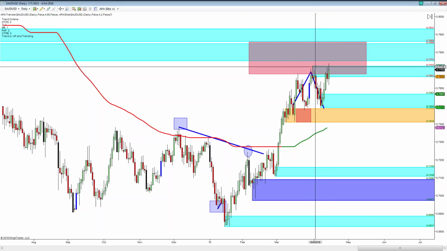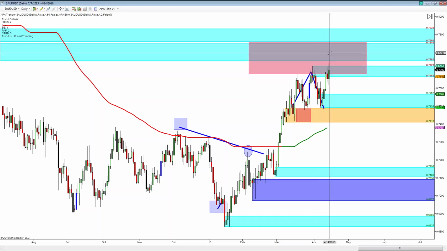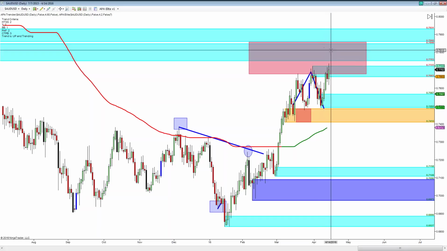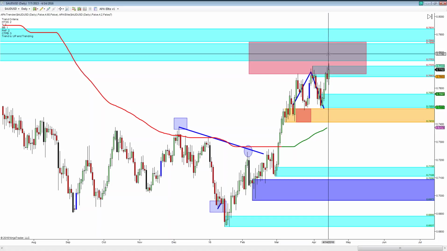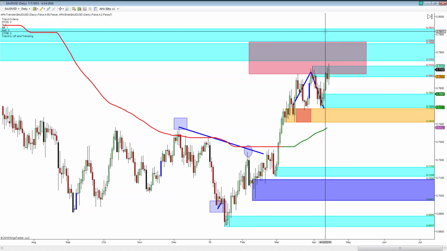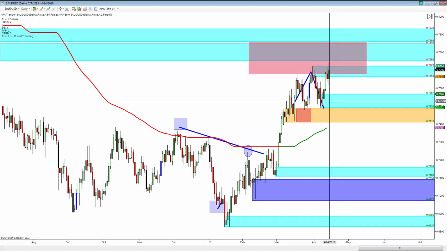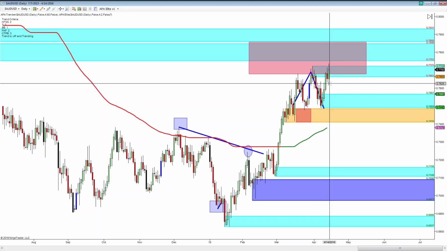It's really just a temporary resistance zone. But I'm looking to see what price is going to do once we get up in these upper levels here, just the aqua level here, or even the aqua level above it, to see if we get a drop or not.